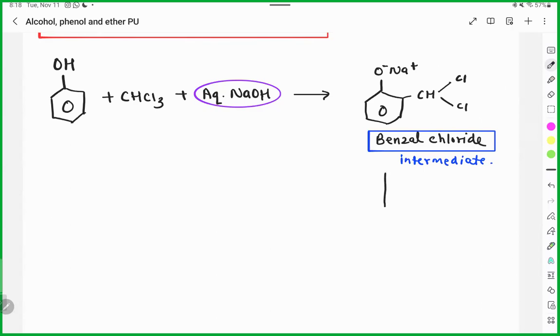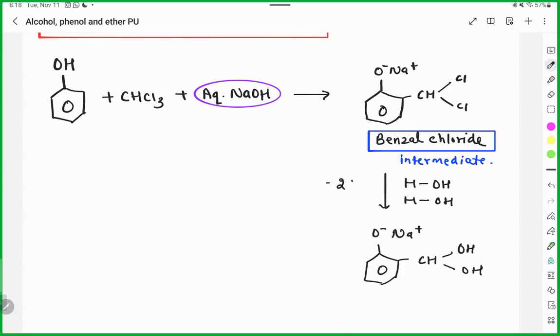If you react with the water, what will happen? Two molecules of H2O. CHO, OH, because 2HCl will be removed, correct?